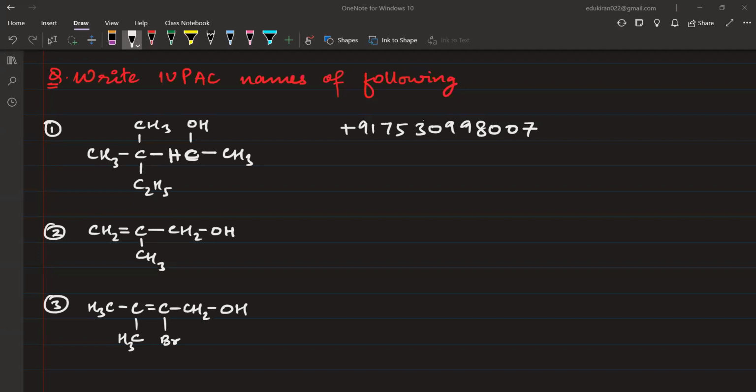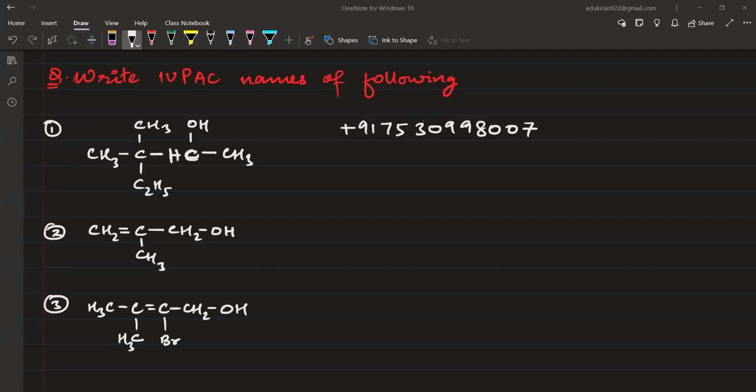Now see, 1, 2, 3. You're on the third carbon atom, right? Yes, sir. Now where should I go? Should I go up, or left, or down? Where do you see more carbon atoms? Left side. There are 3 ways only.